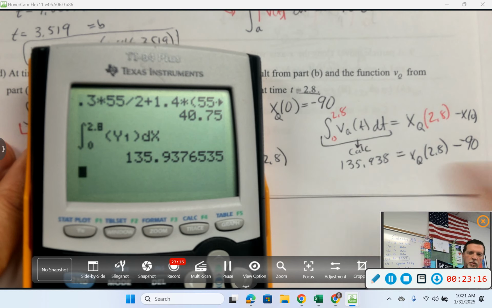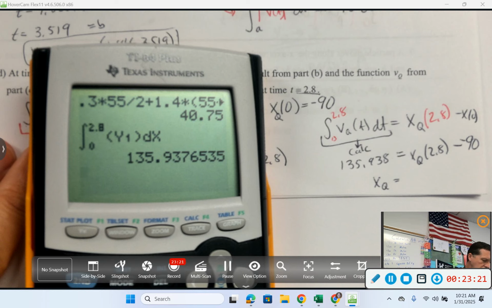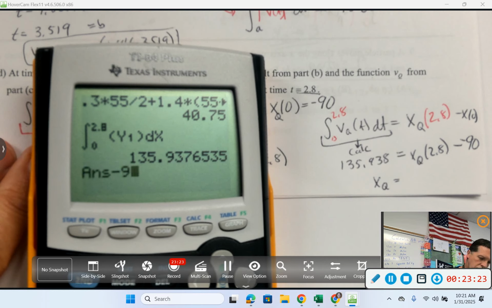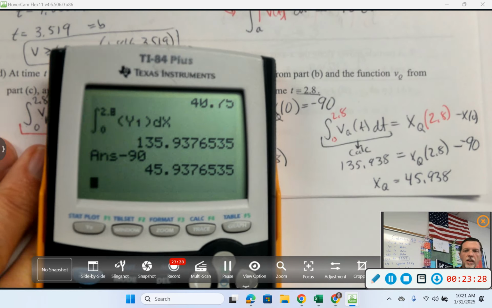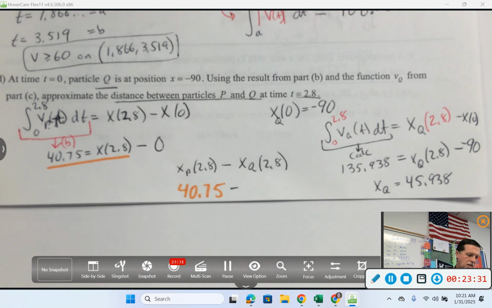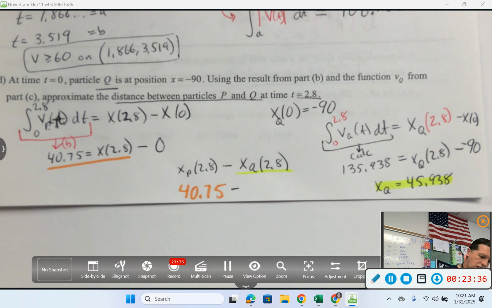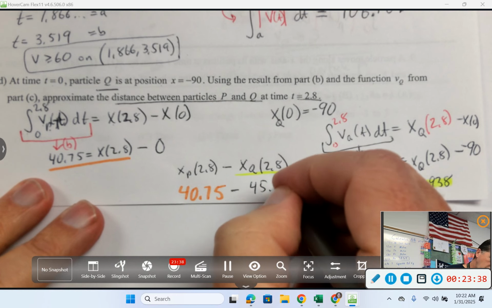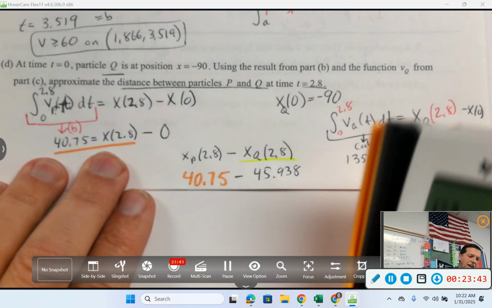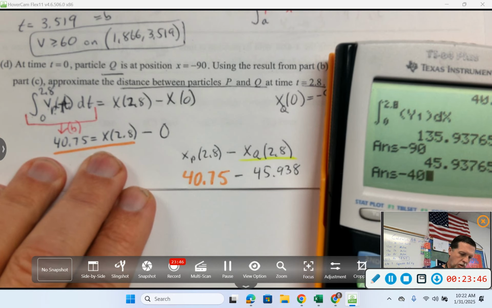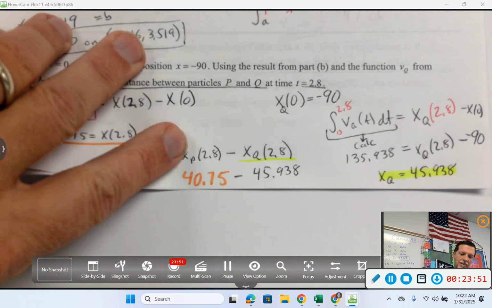And then move the 90 over. Minus 90. 45.938 is x of q. So after all of that, I can subtract 40.75, and that's how far apart they are, 5.188.